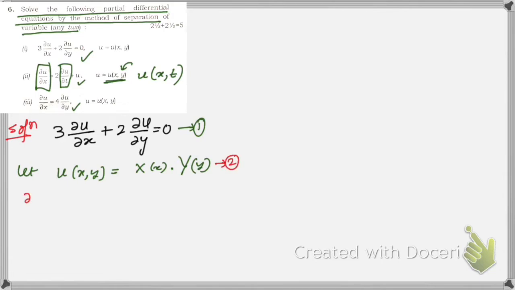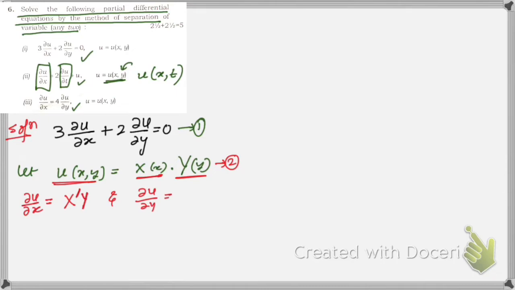So we have taken u as the product of two functions, respectively functions of x and y. So del u by del x will be X dash, and then Y, sorry, not t, it should be capital Y, kept as constant.